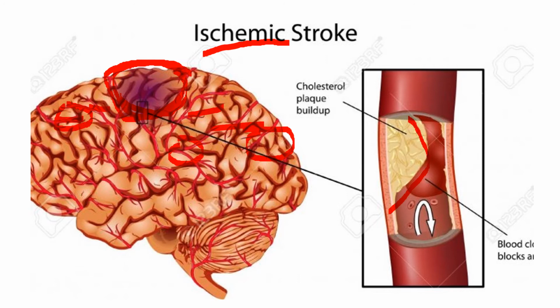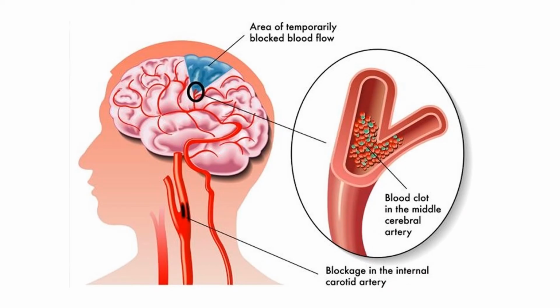So again, a heart attack is when you have blockage in the vessels of the coronary artery. A stroke is when you have a blockage in the arteries or any vessel taking blood to the brain, or vessels in the brain itself.